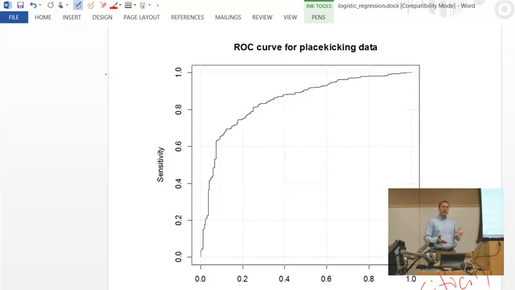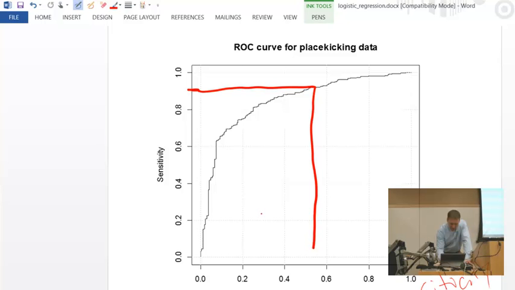With this ROC curve, what this essentially means is that if I want to have a sensitivity of 0.9 for a classification method, then my corresponding 1 minus specificity, or in other words, the false positive rate, will be about 0.55. And there is a particular cutoff probability that you can find that gives you that point on that plot. Well, how do you find that particular cutoff probability?